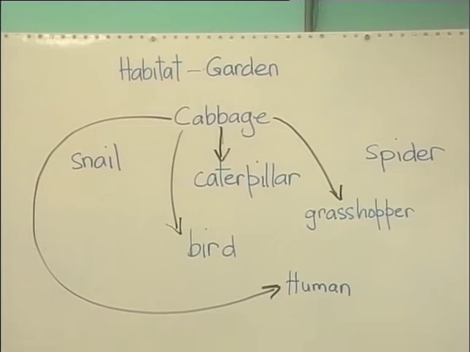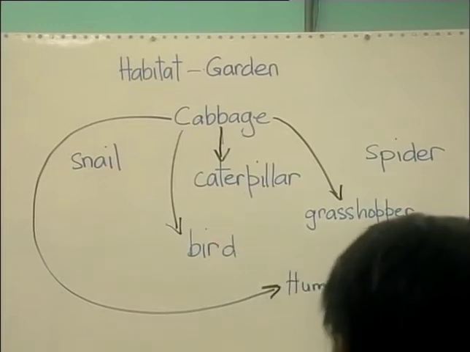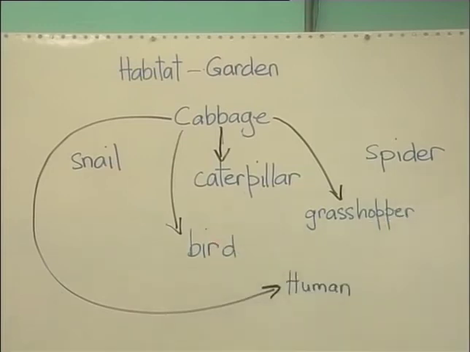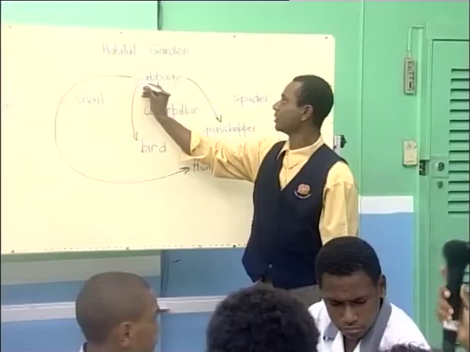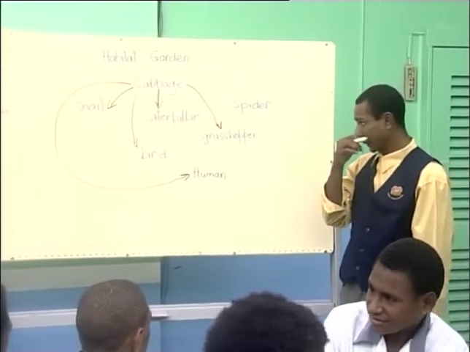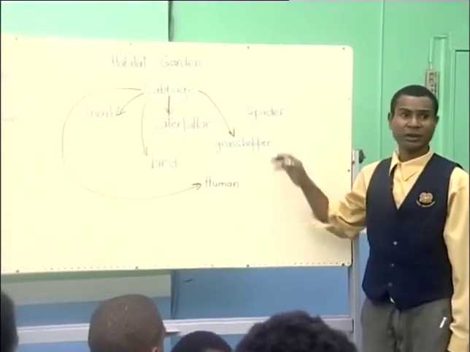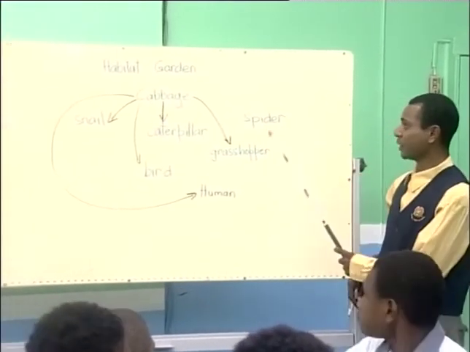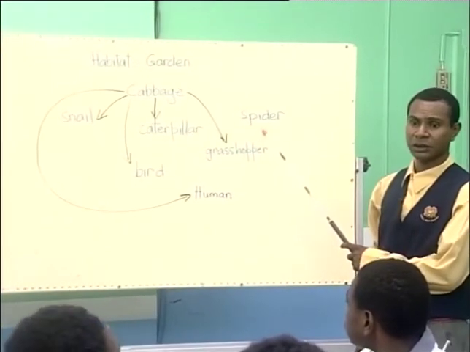Fiona. Let's have some answers from that side. Snail. What does snail eat? Cabbage. Snail eats cabbage. What about our spider here? What does the spider eat?